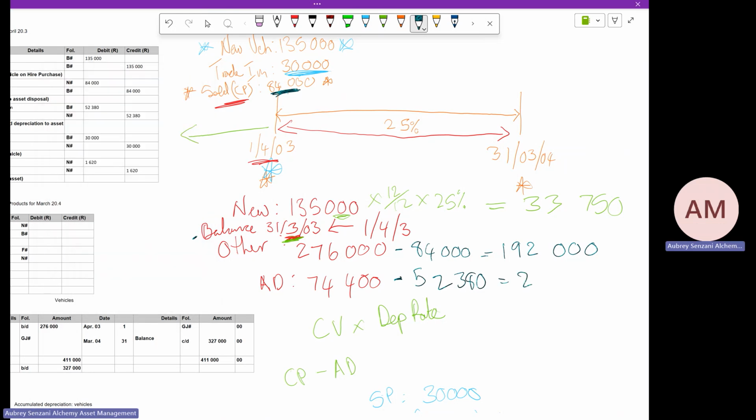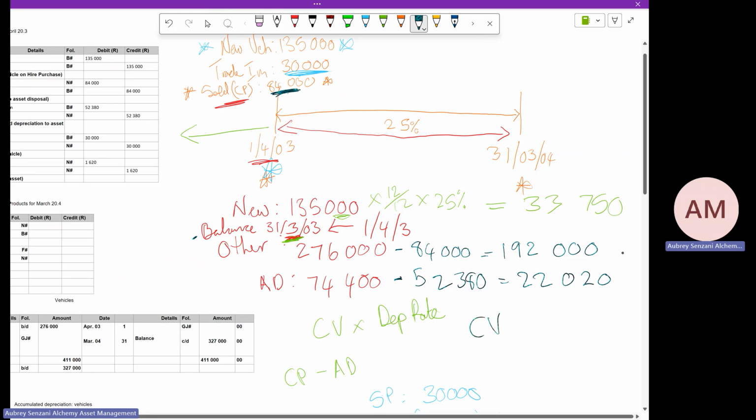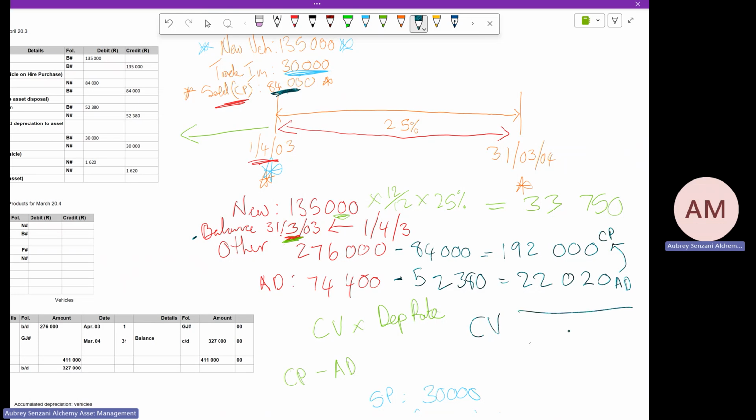So here you get 22,020 rand. So to get the carrying value, you'd get the difference between these two, because this is the cost price and this is your accumulated depreciation, which is then what?